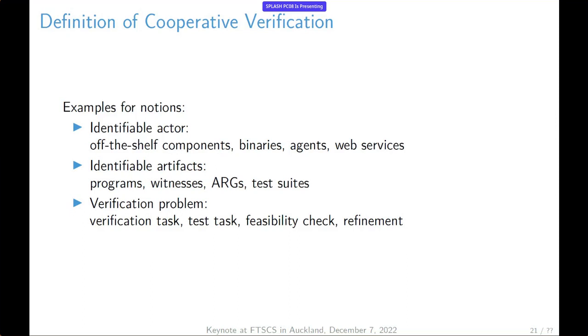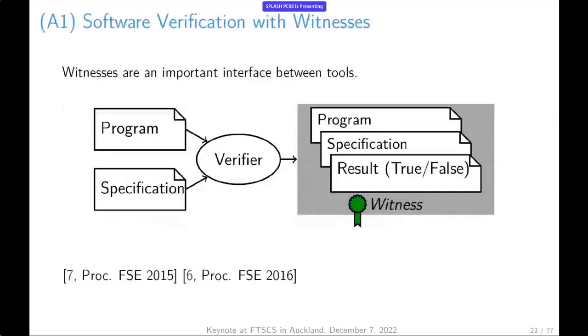So these are also verification problems, and maybe these need to be addressed. So now for the rest of the presentation, I want to give you some examples of how to go ahead a little bit with this cooperation approach.